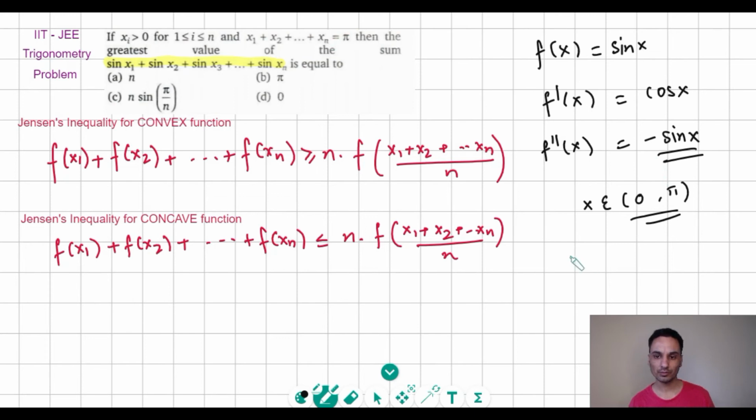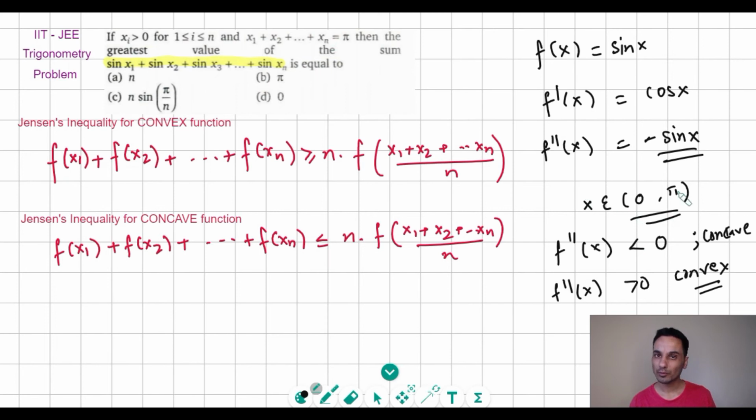If the double derivative for these values is negative, less than 0, then we have a concave function.